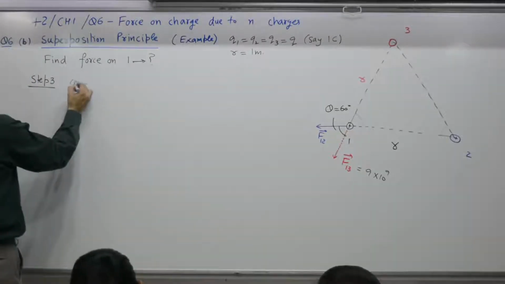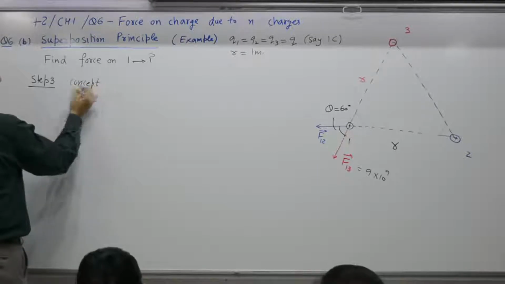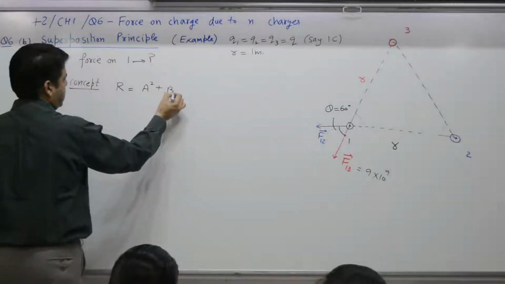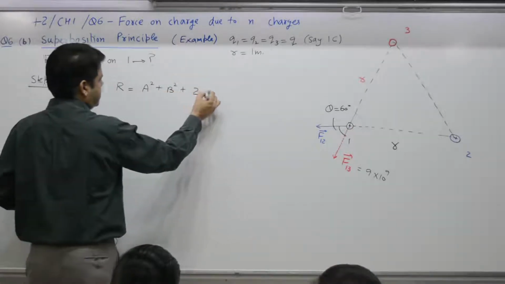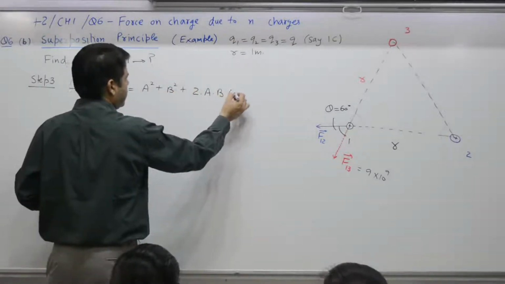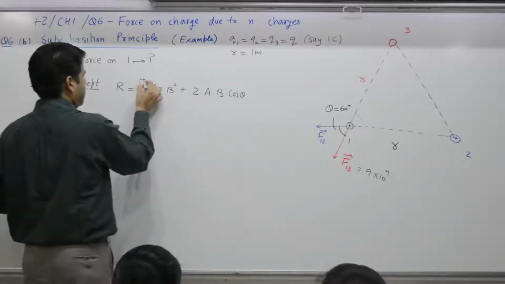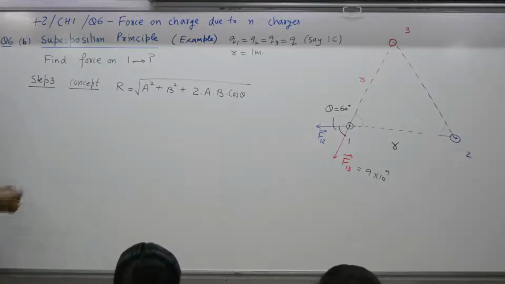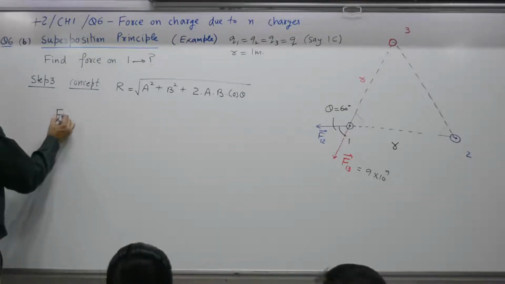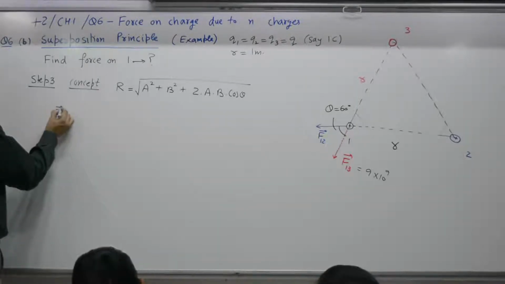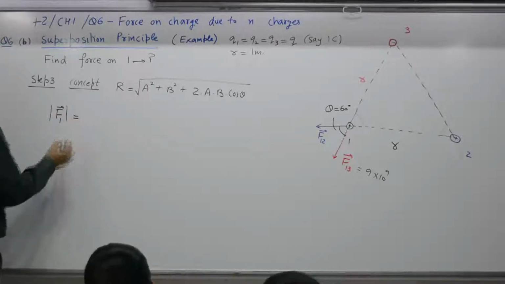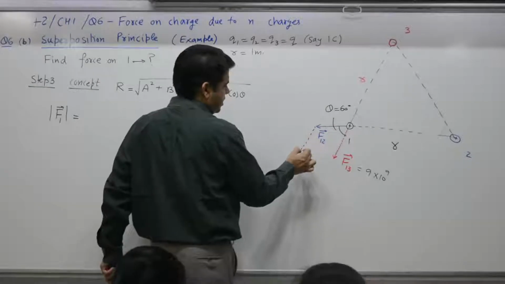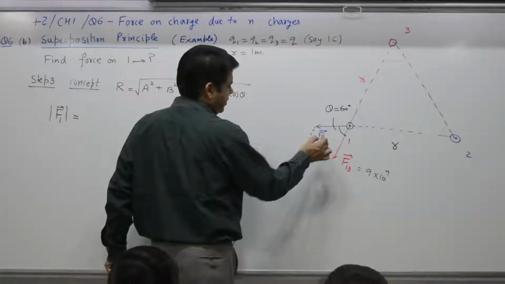Concept. If there are two vectors A and B, the resultant of vectors is what? A square plus B square plus 2AB cos theta. So here the resultant on 1, force on 1, magnitude only, we are concerned with magnitude only, is equal to what? Yes. One force is what? F12.